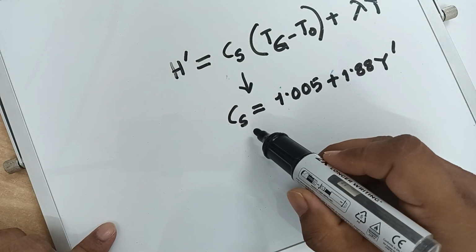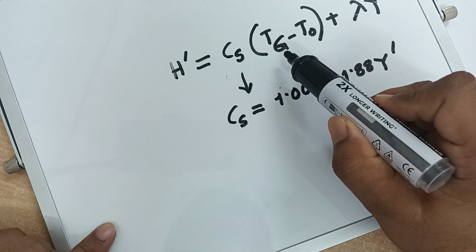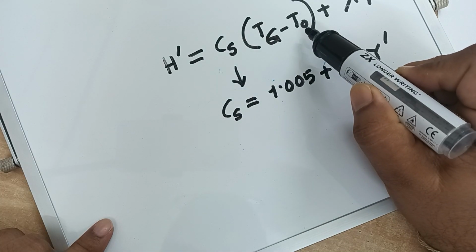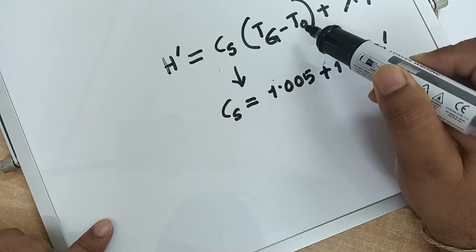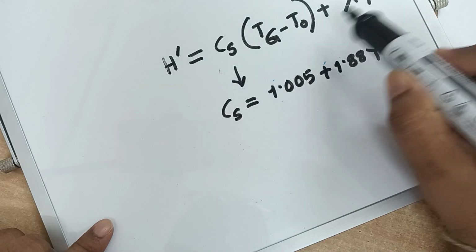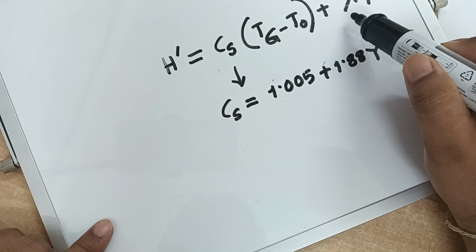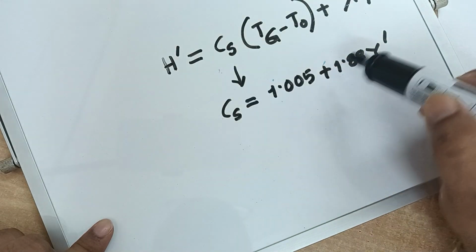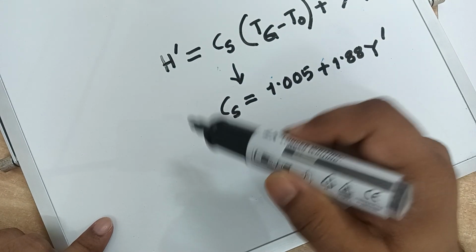Use it to find the value of humid heat, and use the value of dry bulb temperature as it is given in the question. T naught stands for the reference temperature, which is 0 degrees Celsius, and lambda is latent heat of vaporization. The approximate value is 2500 kilojoule per kg. Put all the numbers and you can find the enthalpy of air water vapor mixture.